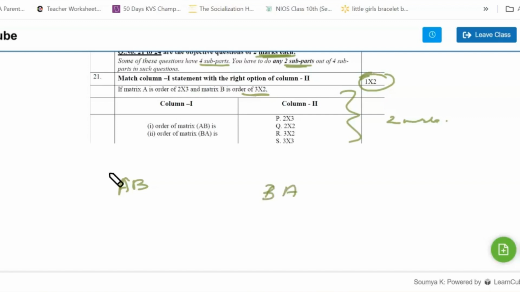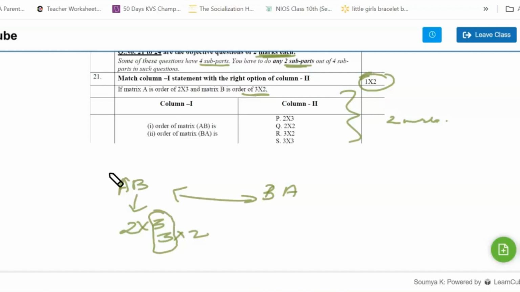Though they look similar, they are not the same when it comes to matrix multiplication. You can see here A matrix is getting multiplied to B and B matrix is getting multiplied to A. The order of matrix A is 2 by 3 and B matrix is 3 by 2. So you have to write it in this manner.